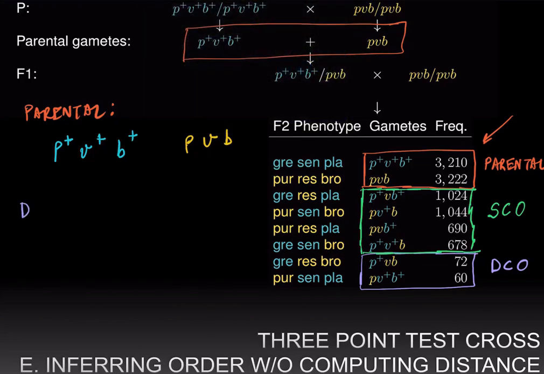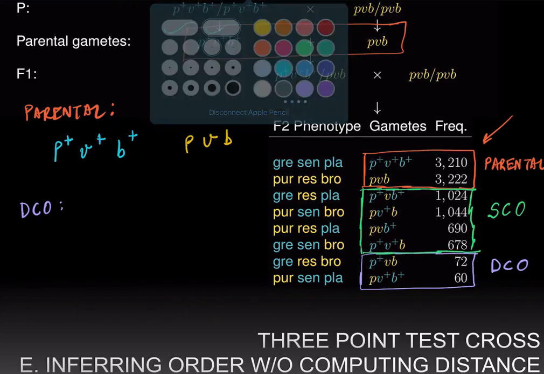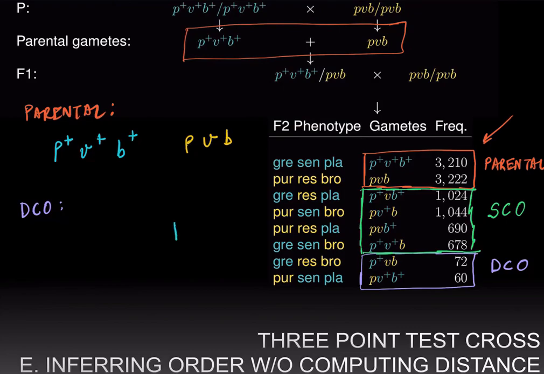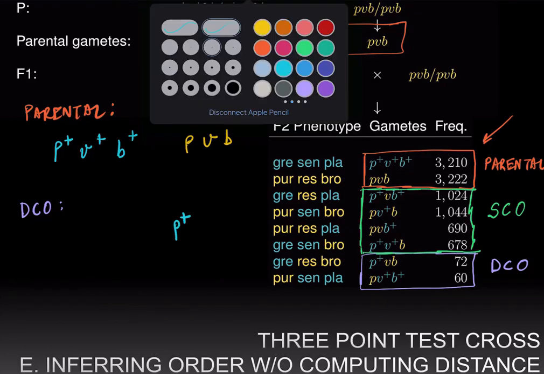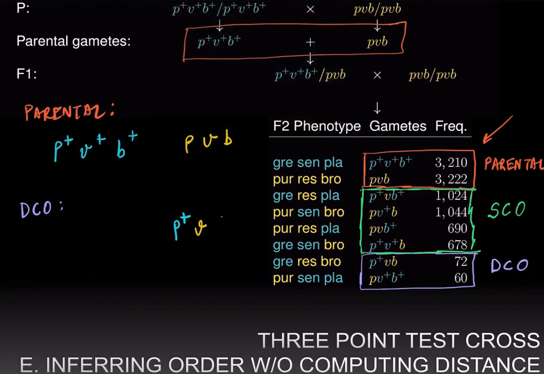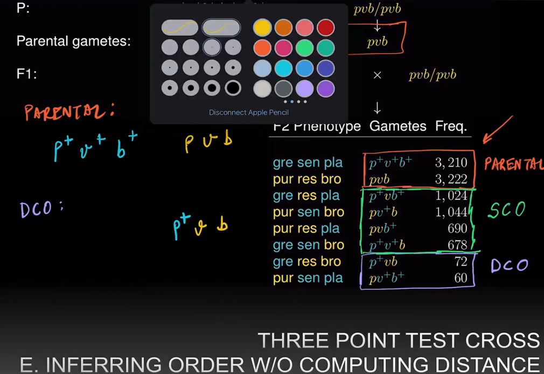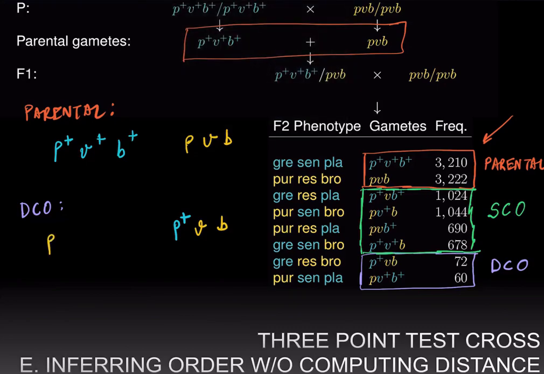Let's also write down the double crossover genotypes, and they are P plus VB and P V plus B plus.